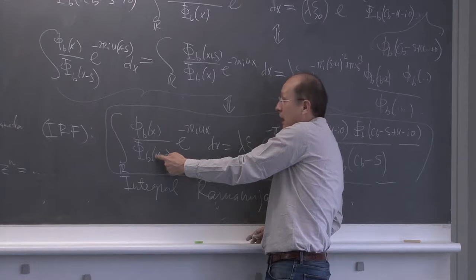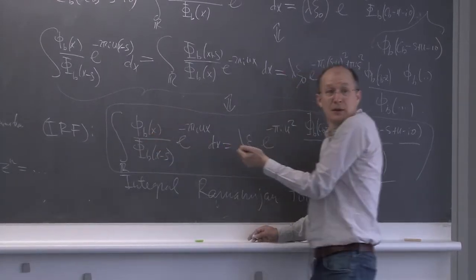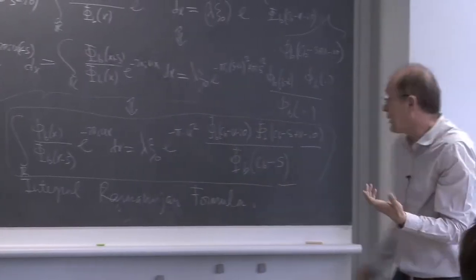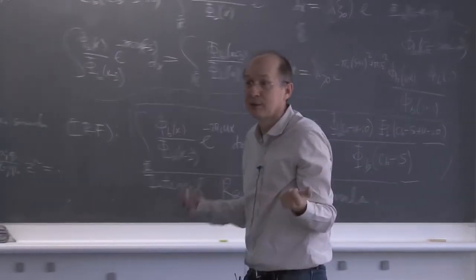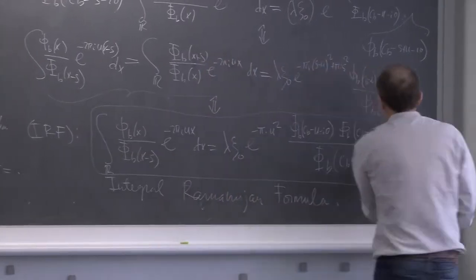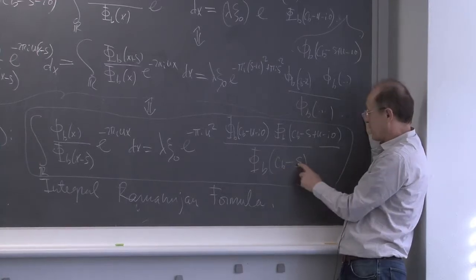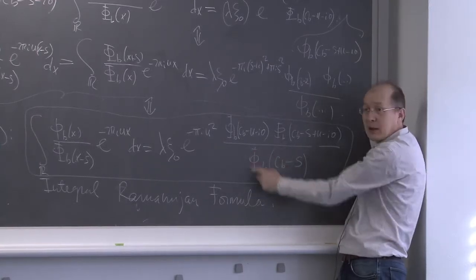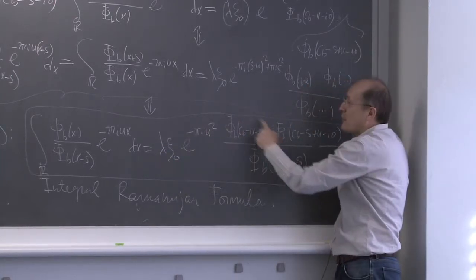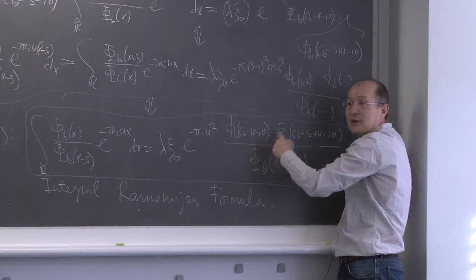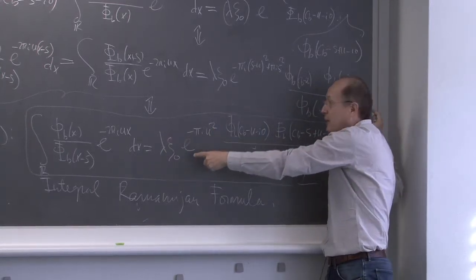Then this Fourier integral becomes a Fourier integral for phi itself, and we already know how to calculate it. Now let us take this limit on the right-hand side. S goes to plus infinity, this goes away, becomes 1, this becomes 1, and we recover the Fourier transformation formula we have just proved in the first half.